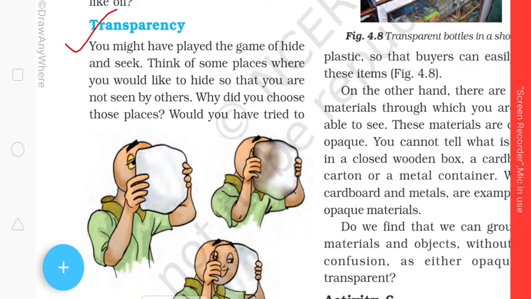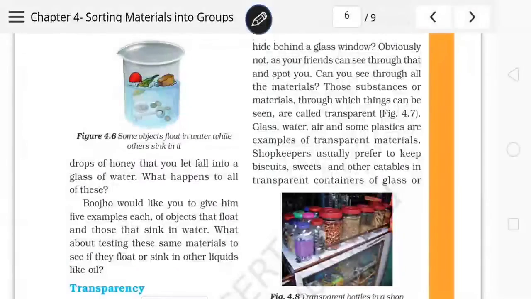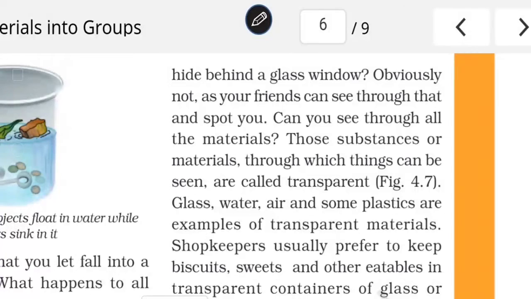What is transparency? You might have played the game of hide and seek. Think of some places where you would like to hide so that you are not seen by others. Why did you choose those places? Would you have tried to hide behind a glass window? We all do play hide and seek, when one person hides.